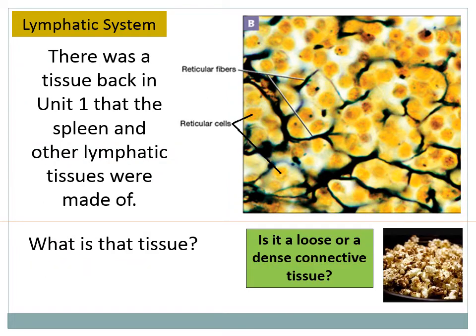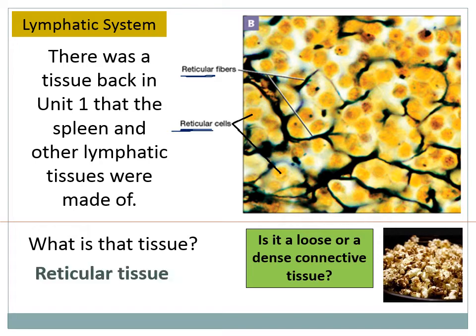So there's a tissue way back in Unit 1 that the spleen and other lymphatic tissues were made of. If you remember the slide, it had burnt popcorn on it, and it had this tissue here. Also, we get some hints as to what kind of tissue it is, here and here. So what kind of tissue are our spleen and other lymphatic tissues made of?